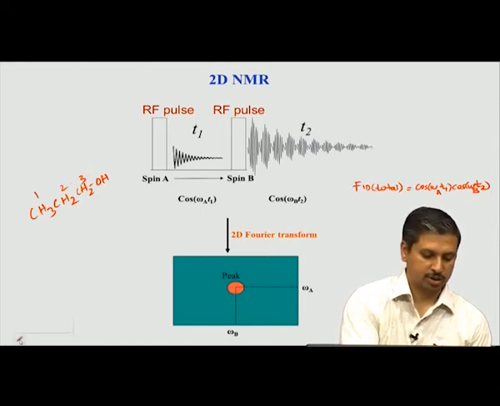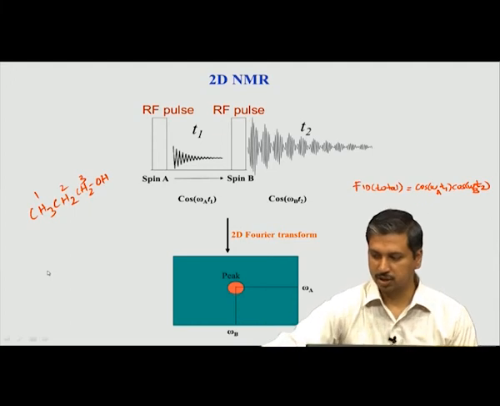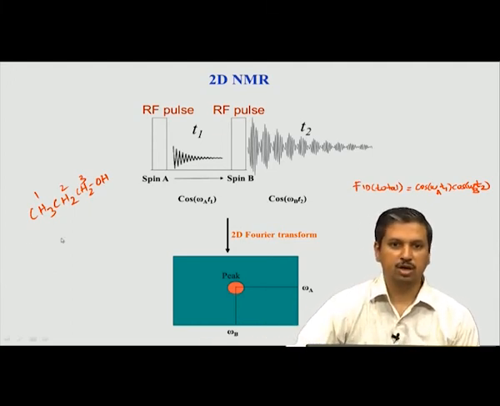Let us say this spin A is proton number 2. After exciting this proton, during the evolution of its FID it starts transferring its magnetization not only to this side, but it is also coupled to this side. So, you see, this is the concept of passive coupling.